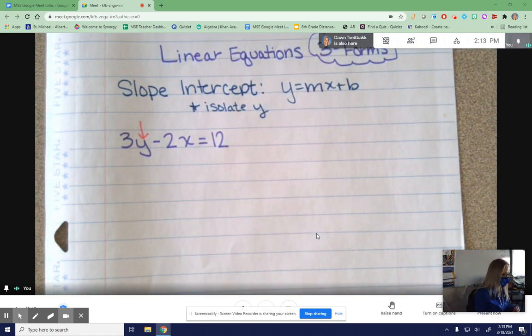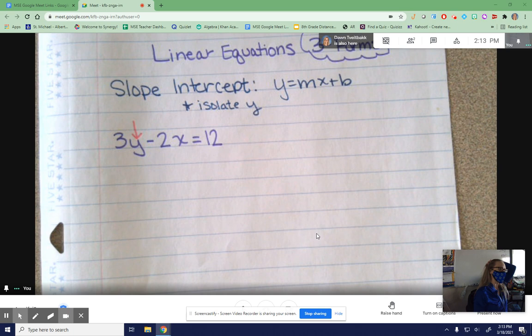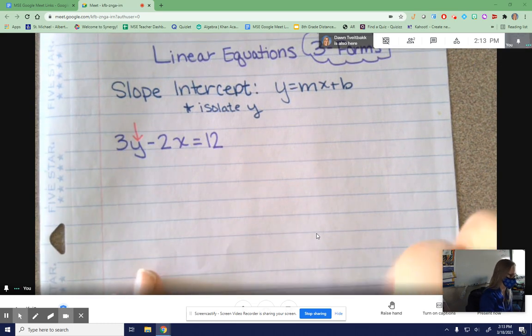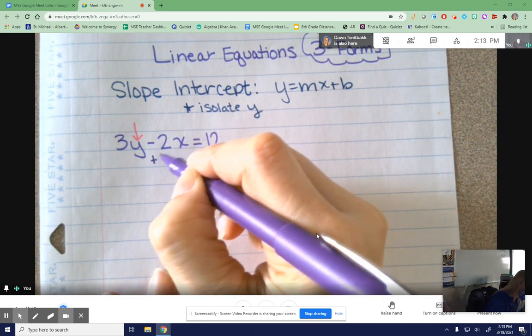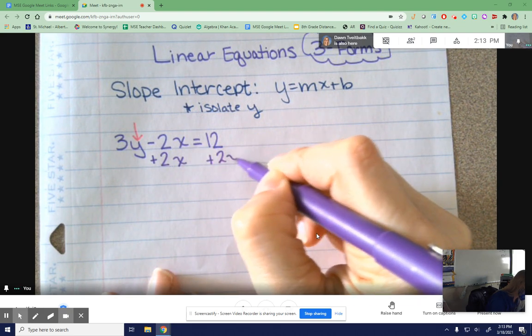The first thing I want to do is get rid of this 2x. I don't want to separate the 2 and the x because that'll leave x behind. I want 2 and x both out of the way. So what do I do to get rid of them? Yeah, so I'm going to add 2x here, and I'm going to add 2x here.